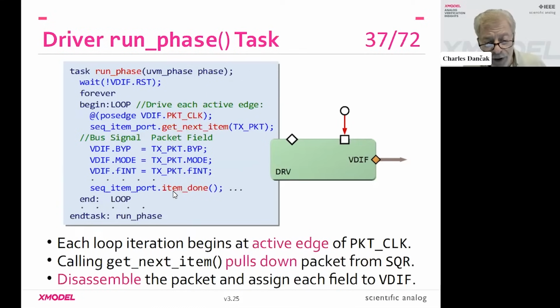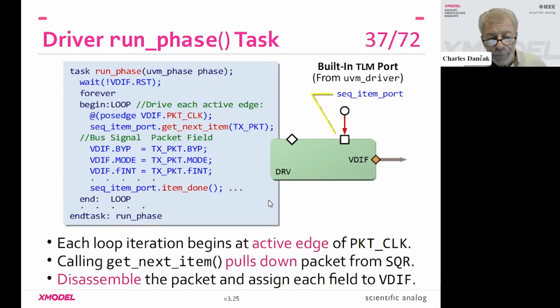Notice they both include the word item, and more on that later. But here's where that method is defined. It's within this little object sequence item port, this little square icon, which our driver inherited from the base class UVM driver.